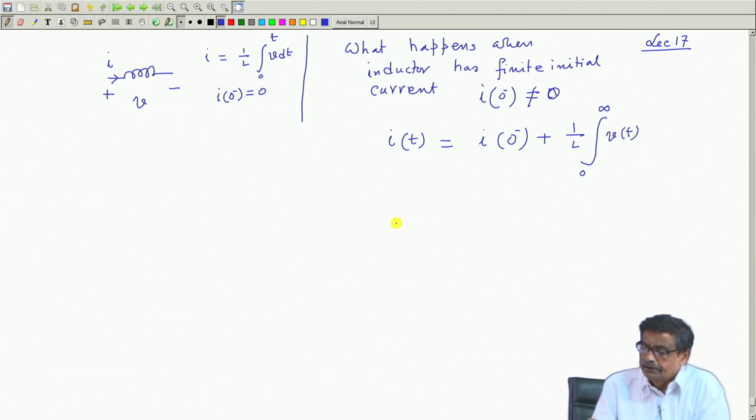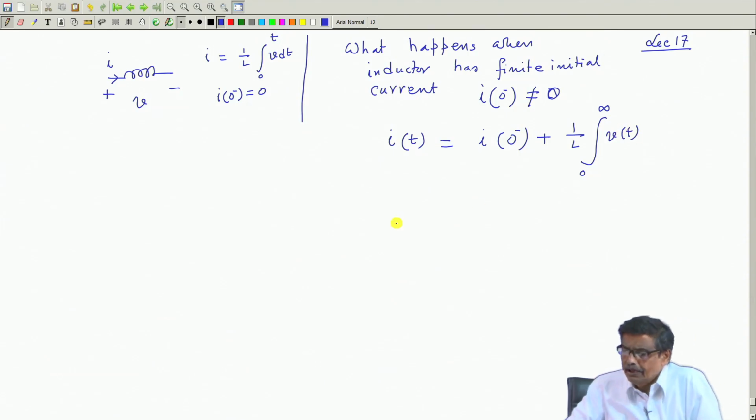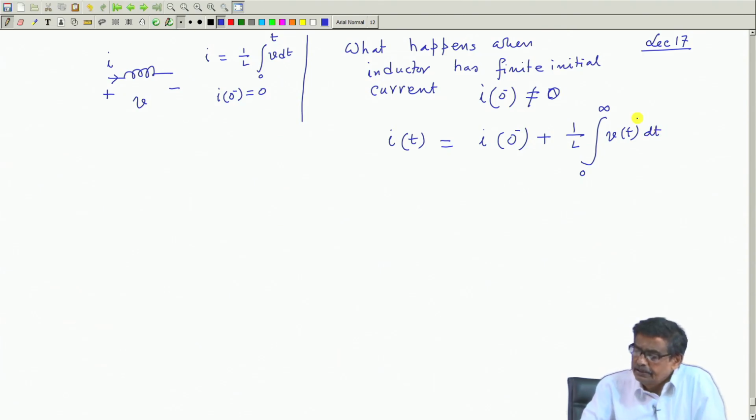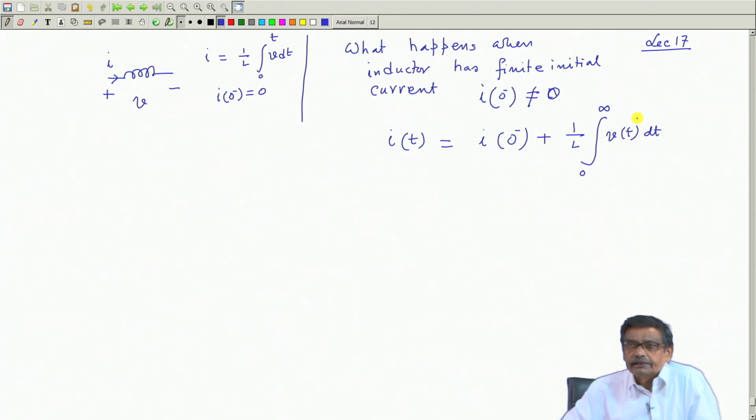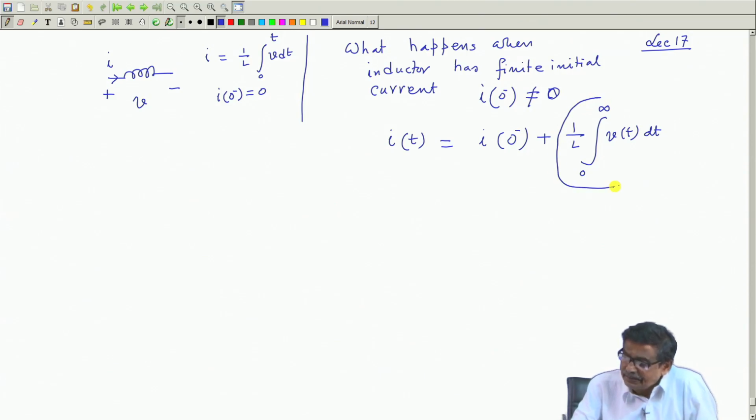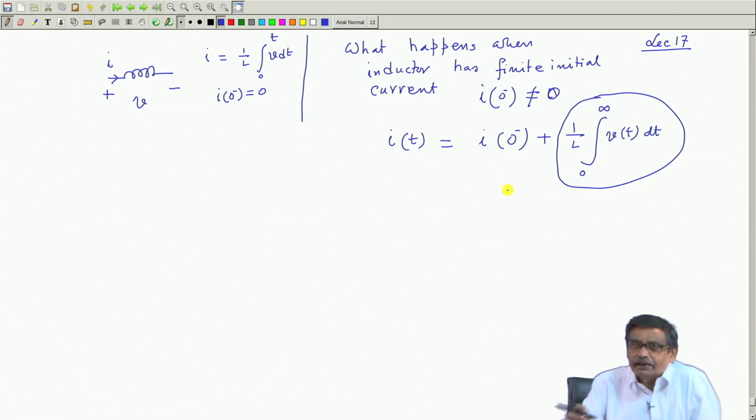Several times I wrote it like this, where v is a reasonable voltage, not an impulse. This is the situation. So, initial current plus this extra current in the inductor. And this expression is the current through an inductor which has no initial current.